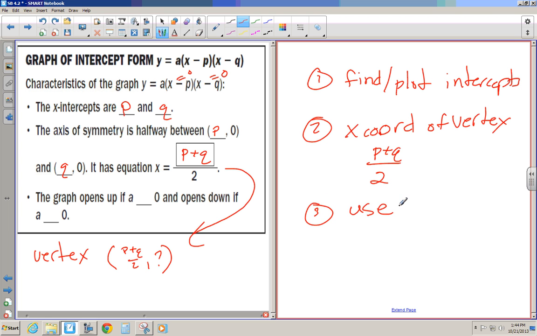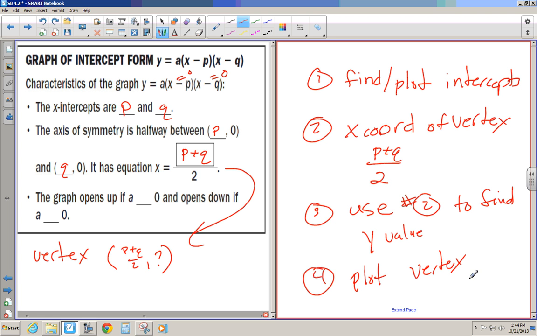Then we're going to use number 2 to find the y value. Then you're going to plot the vertex and draw a curve.